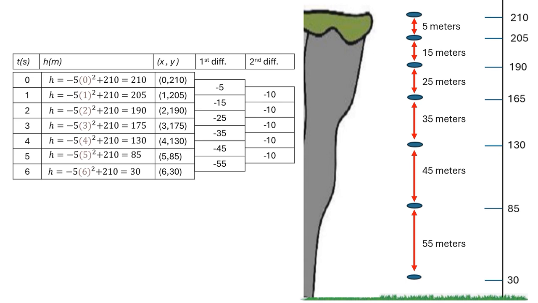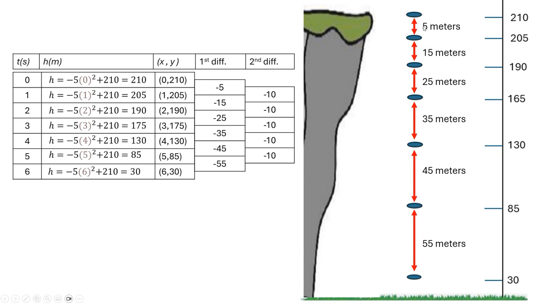And then, in the next second, when it was falling 15 meters per second, but now falling 25 meters per second, again, the rate of it falling has increased by 10. So after every second, it is falling 10 meters per second faster than it was the second before.